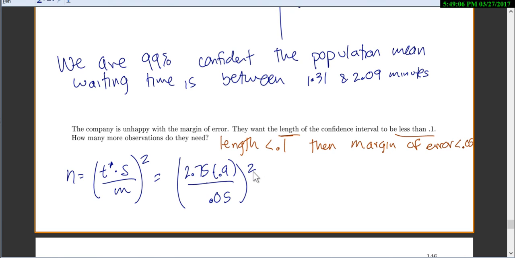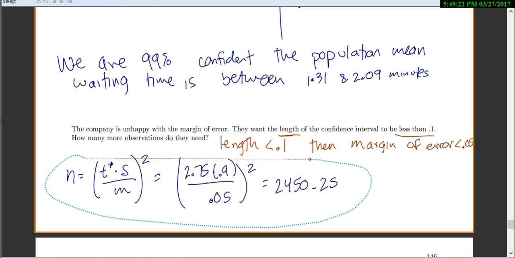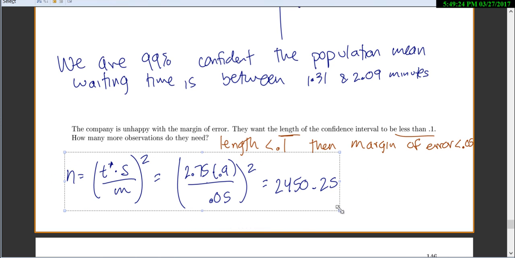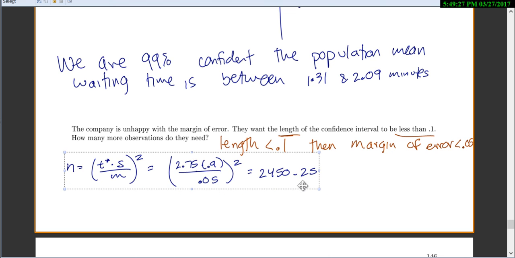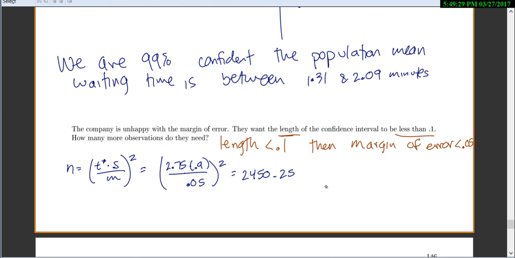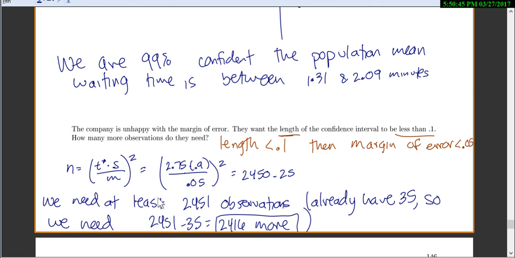We'll square that, which gives me 2,450.25. So just to recap, we need at least 2,451, but we already have 35, so that really means only 2,416 more.